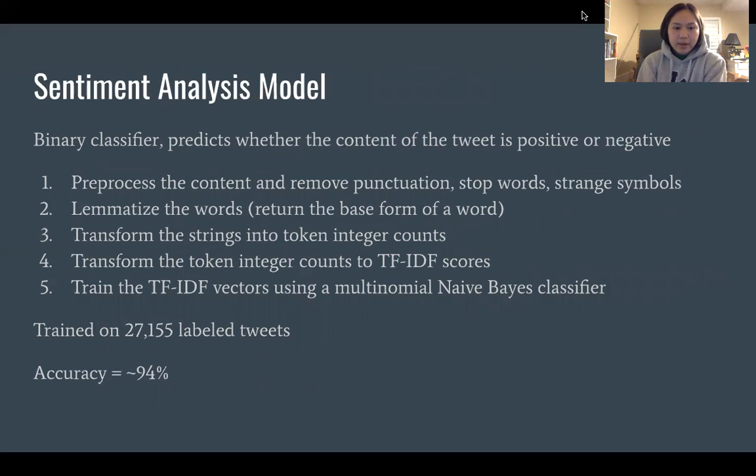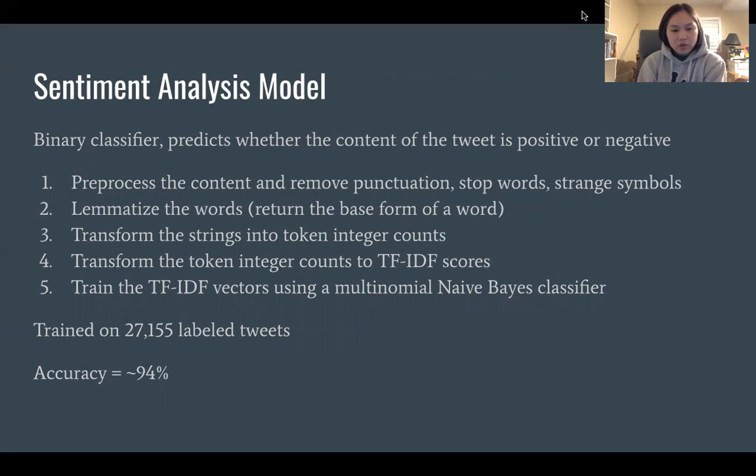The sentiment analysis model I used is a binary classifier, and it predicts whether the content of the tweet is positive or negative. It first pre-processes the content and removes punctuation, stop words, and strange symbols. It then lemmatizes the words, which basically returns the base form of the word.